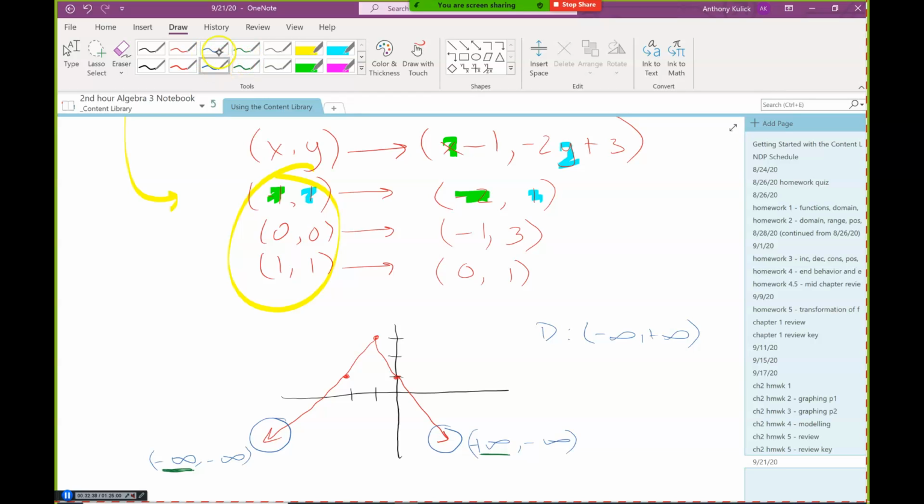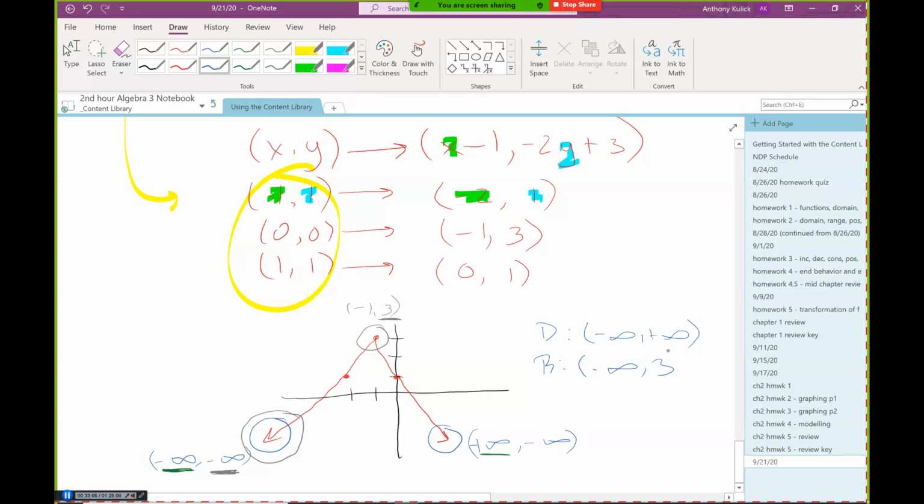Then I'm going to have to identify the highest or the lowest point, which is either one of the arrows. I'm going to choose the left arrow. To the highest point, oops, -1, +3. I'm going to go from the y-coordinate of the lowest point to the y-coordinate of the highest point. So that's -infinity to 3.